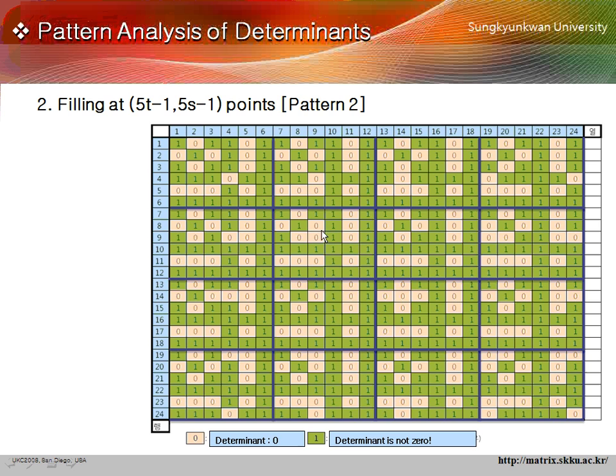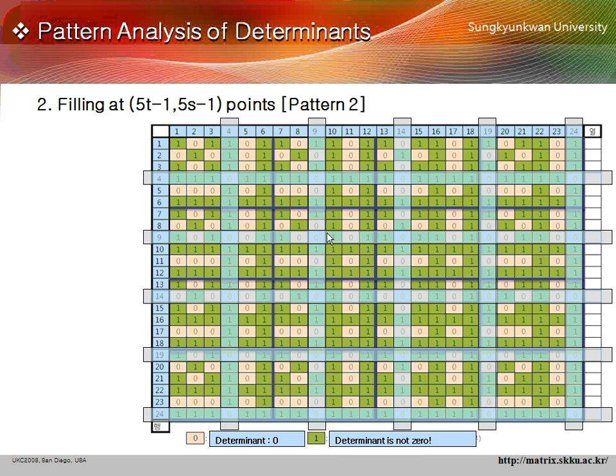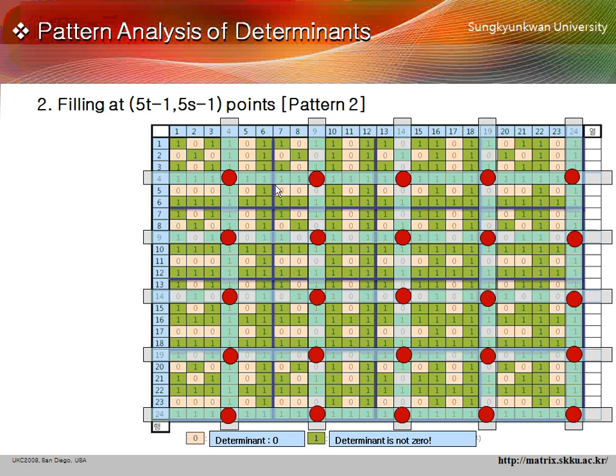But we found another interesting pattern. There are some, the closing of the bars here, and we found this is also all zeros.